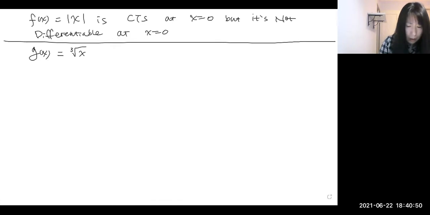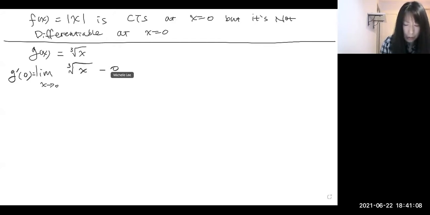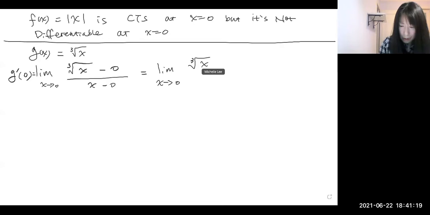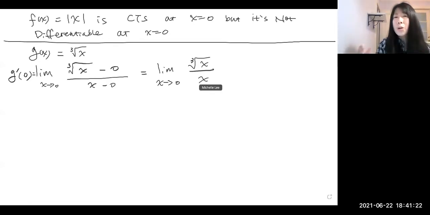Let's take that limit. g prime at x equal to 0 equals the limit as x approaches 0 of cube root x minus 0 over x minus 0, right? Okay, this will be cube root of x over x, okay? So cube root of x means x to 1/3, right?